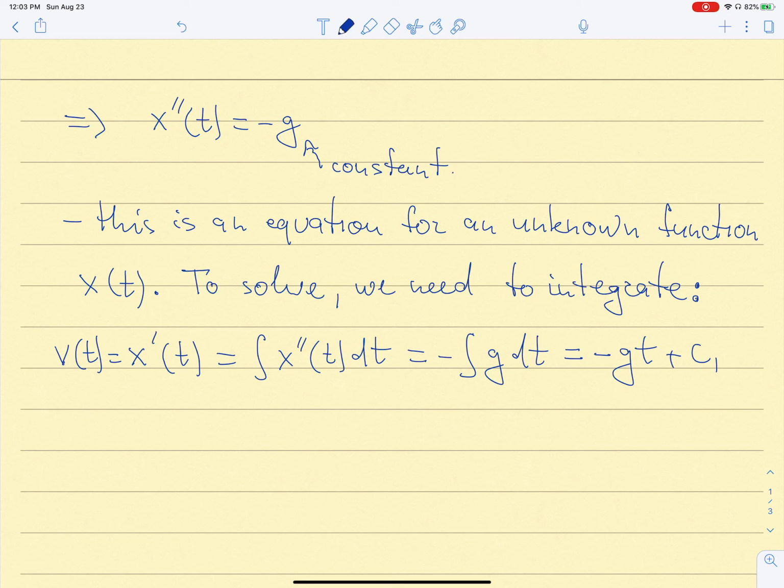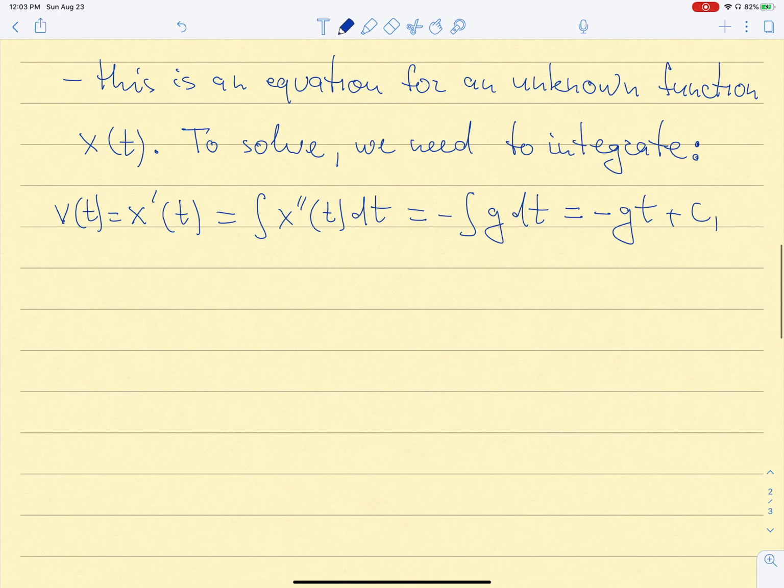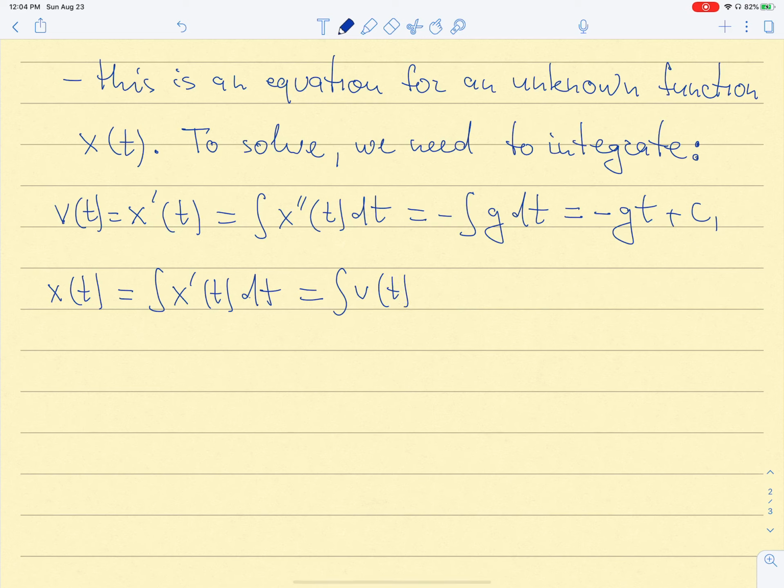Okay, so now if I know v of t, or if I know x prime, then I can figure out what x is. So x of t is an integral of x prime of t dt. And it is the same thing then as an integral of v of t dt, either one, right? And that's an integral of that expression that we found on the previous line.